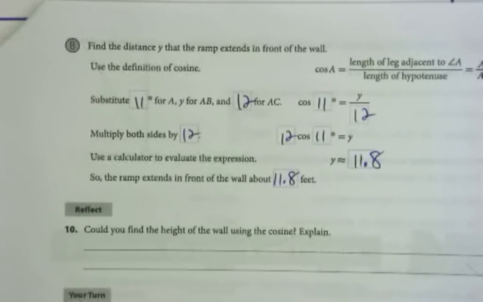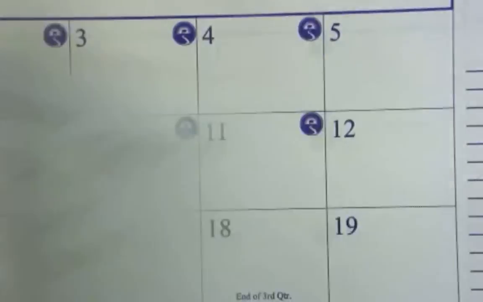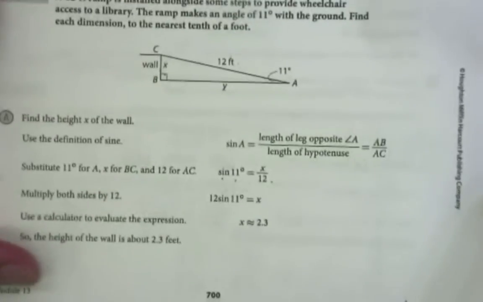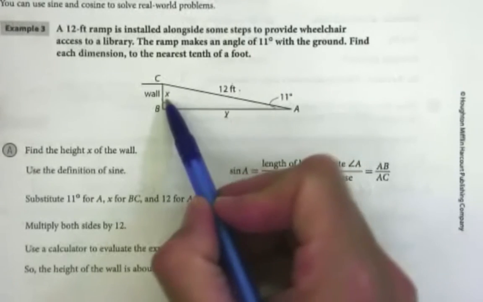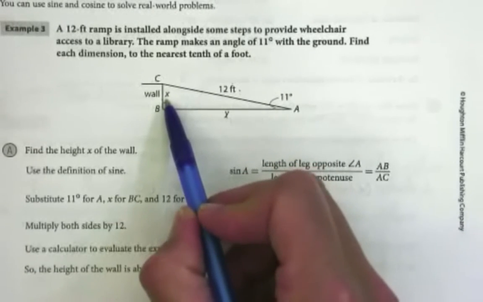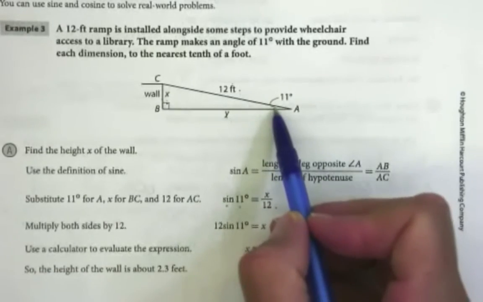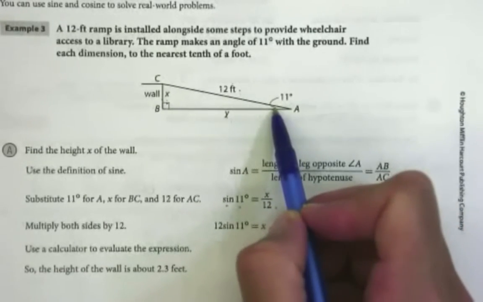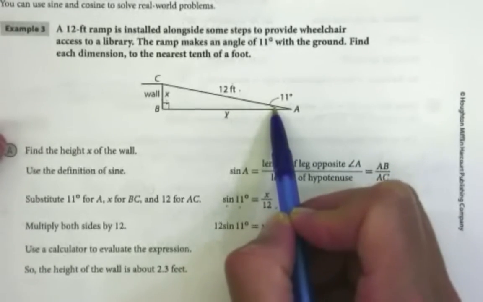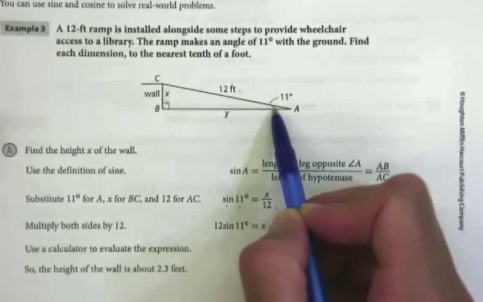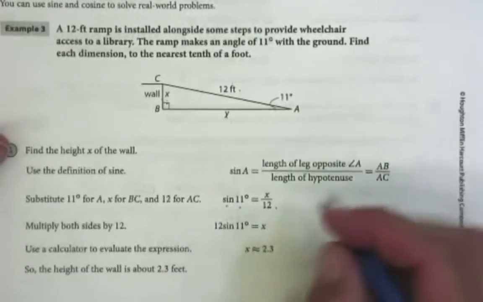Could we have found the height of the wall using the cosine? Let's look at the diagram. In order to find the height of the wall using cosine, the wall would have to be adjacent to the angle I know. Well, they gave me that this angle is 11, so some of you might be automatically thinking no, but don't forget what you know about the angles of a triangle. You know that the three angles have to add up to 180.